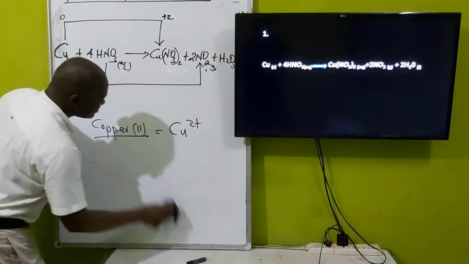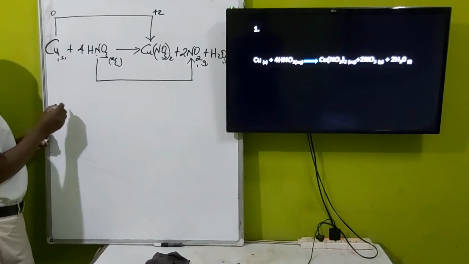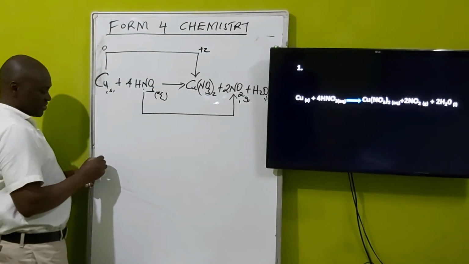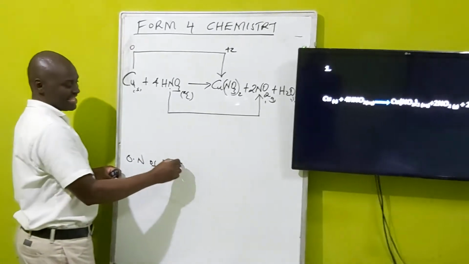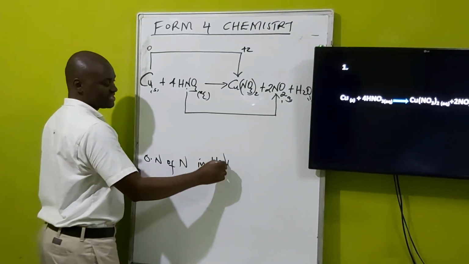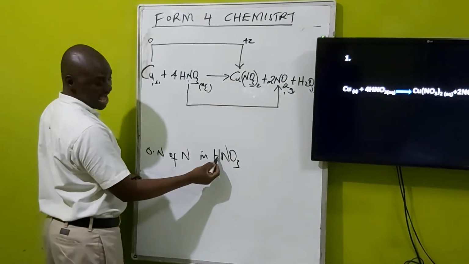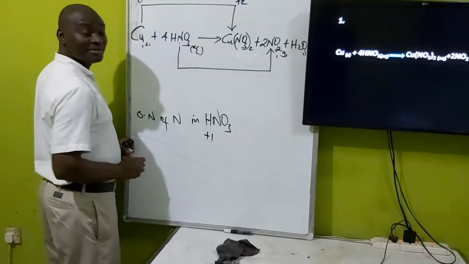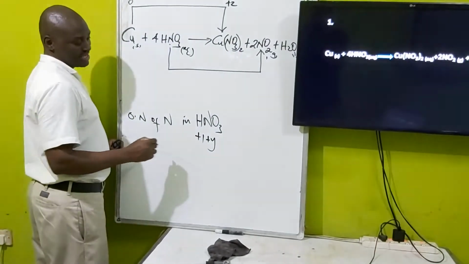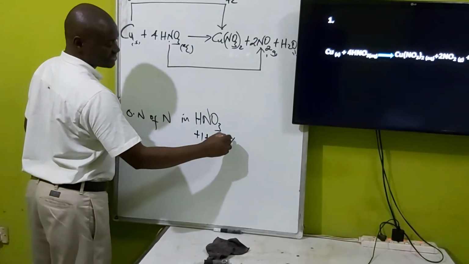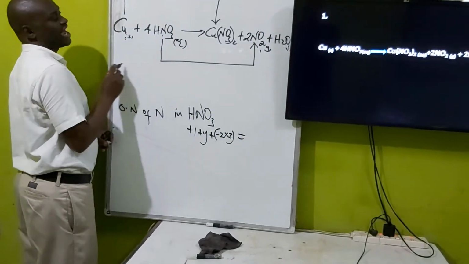Alright, then nitrogen. We'll calculate the oxidation number of nitrogen in nitric 5 acid. Hydrogen here is positive 1. Nitrogen we don't know, let's use y. Oxygen is negative 2 times 3. We should get the overall charge.